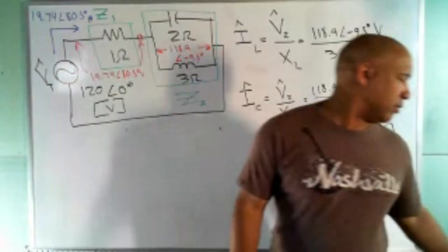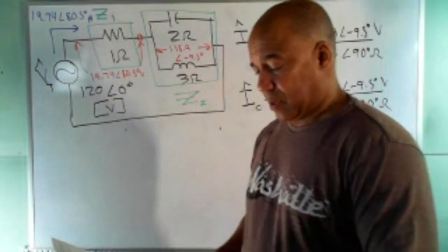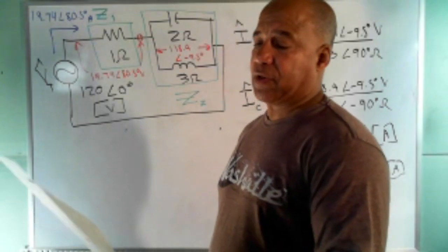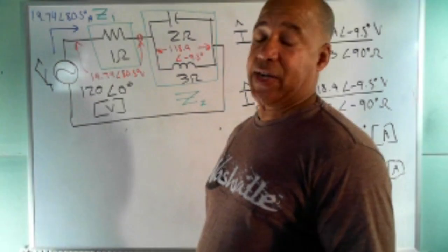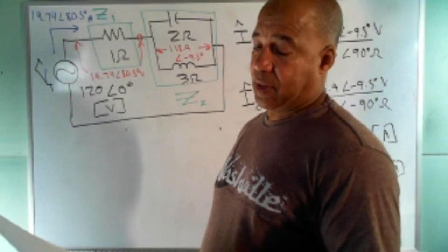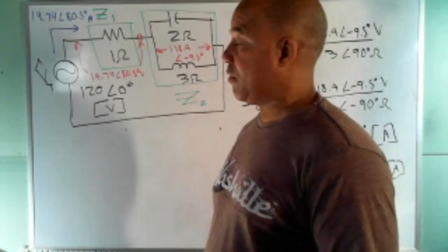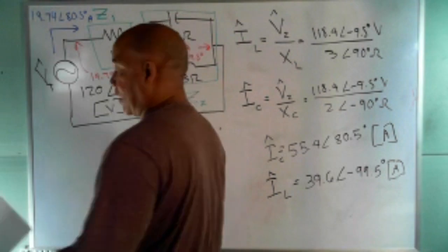We got a couple more on here to do though. He says, calculate the power delivered to the circuit using, this time he gives us another equation to use. Remember I squared R? It says, what effect does XL and XC have on the power delivered? So he wants us to calculate the power delivered to the circuit like this.